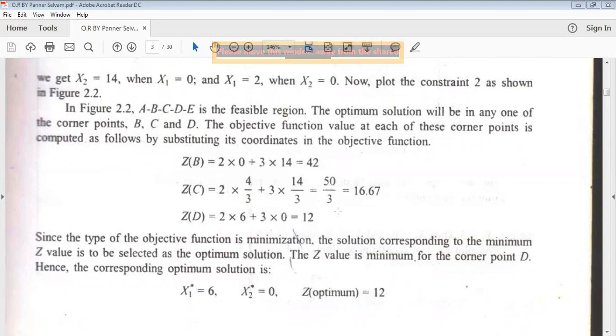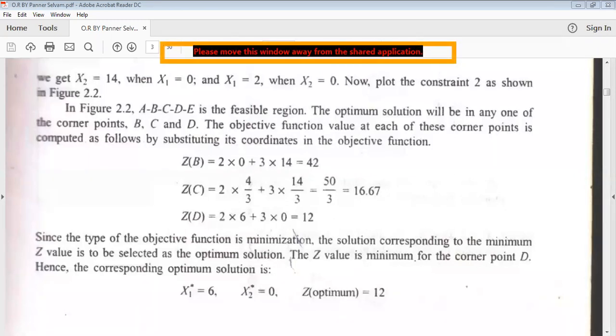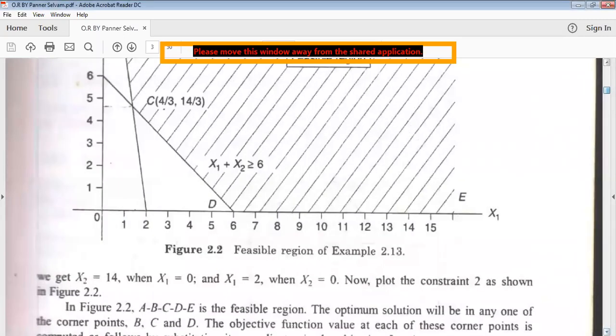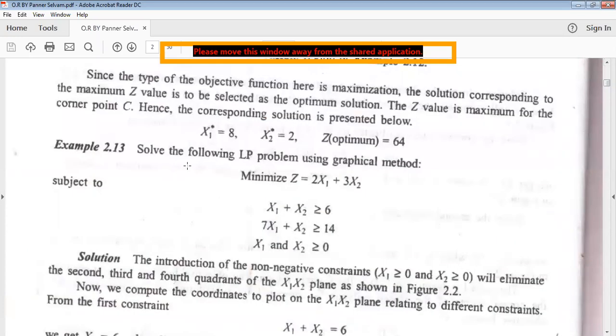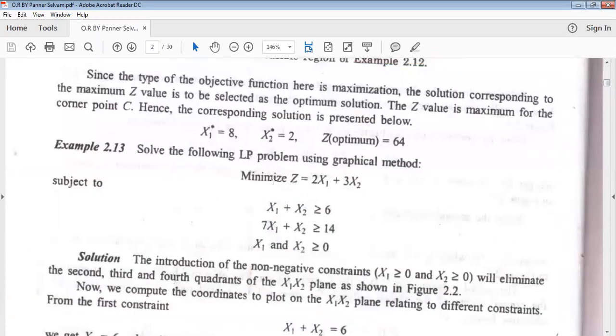And after this, what is this maximization function? Since the type of objective function is minimization, it is not maximization, it is minimization. Solve the following problem using graphical method, minimize is given.